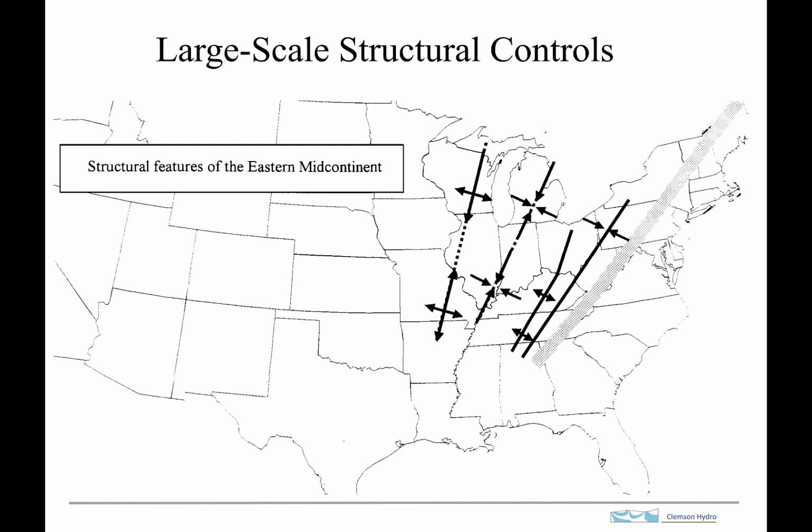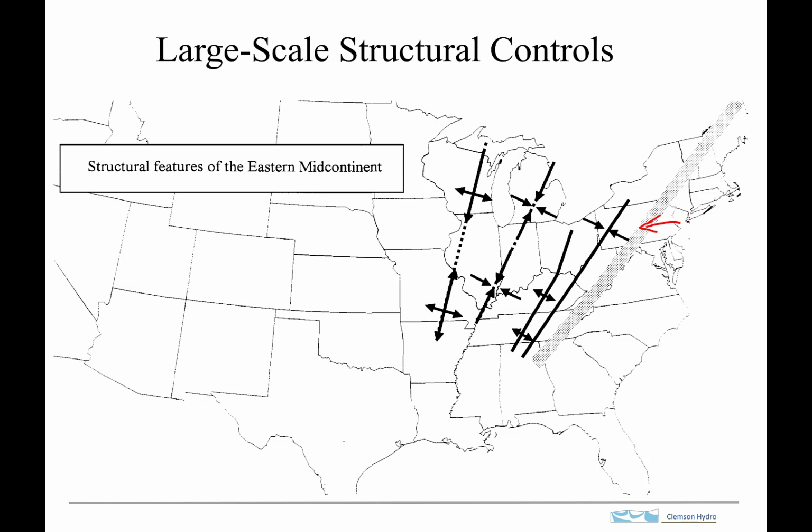So the structural features of the eastern mid-continent are shown here. This is the Appalachians right here, this dotted line, and then there are some gentle troughs and ridges with basins and domes along these features.